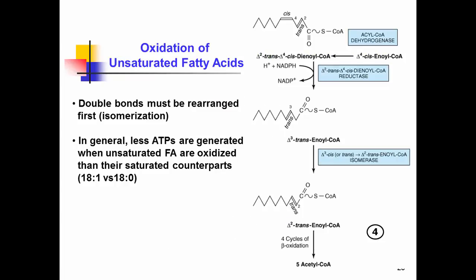Does this process take more energy or less energy than oxidation of saturated fat? I think it is less energy. But the cycle is the same, right? It just generates less energy because you generate less acetyl-CoA, right?